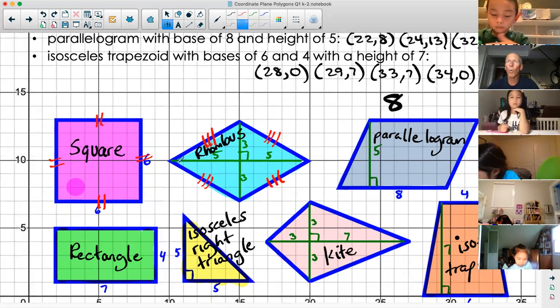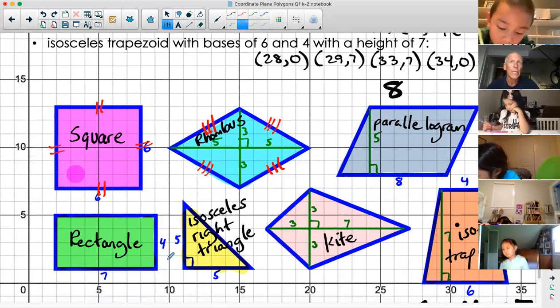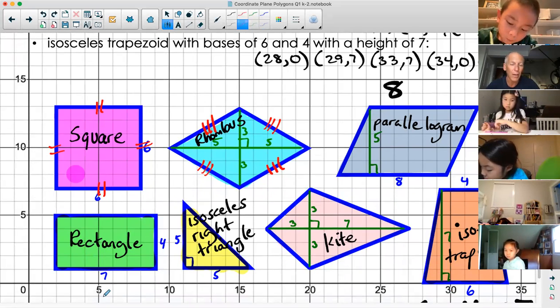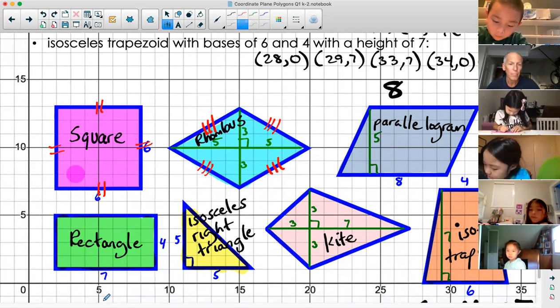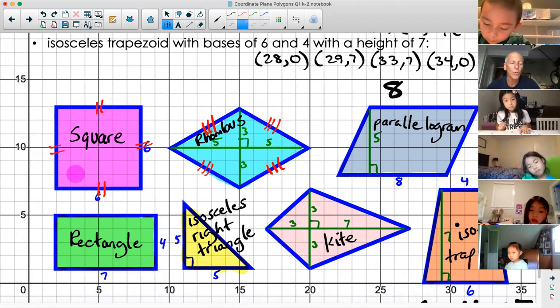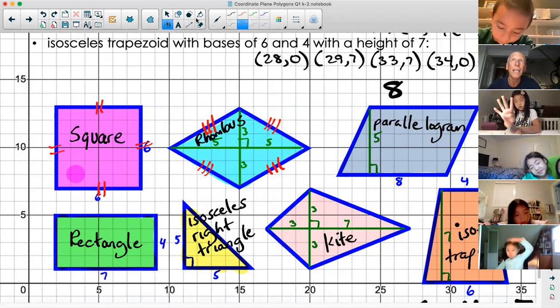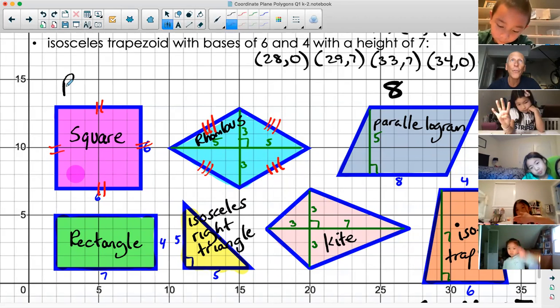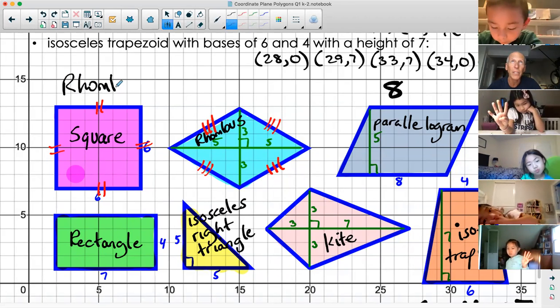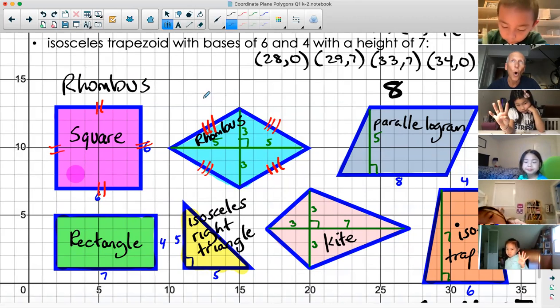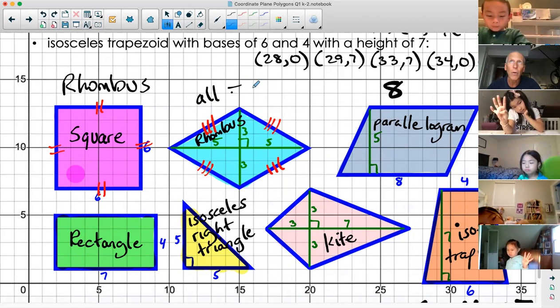Now, what I'd really like you to do is tell me which sides of the rectangle are the same. And you can show me with your hands or you can tell me. We know that all sides of a square are the same. So a square is actually also a rhombus because it has all equal sides.